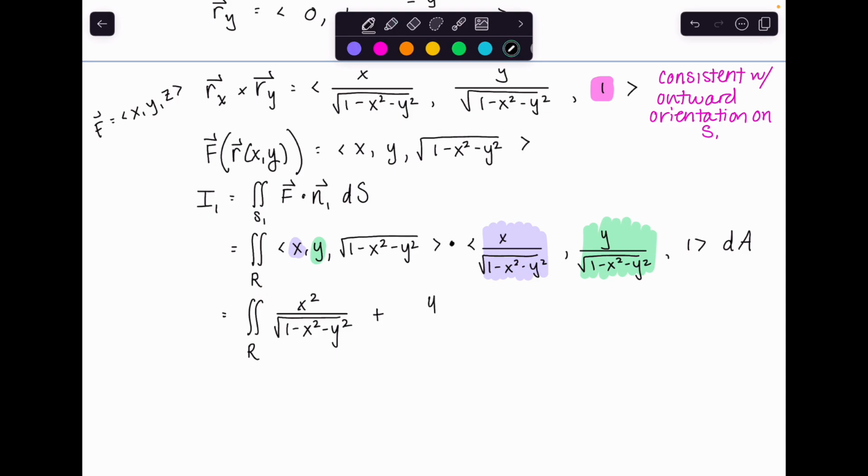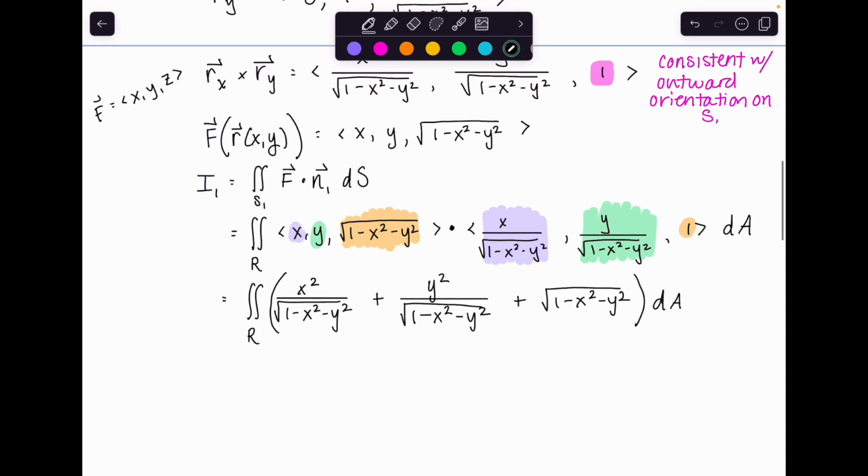So that just leaves us with y squared over exactly the same thing. And then adding the last piece, we get this square root times 1. So it just becomes that square root. And then this whole thing I'm going to integrate with respect to x and y.